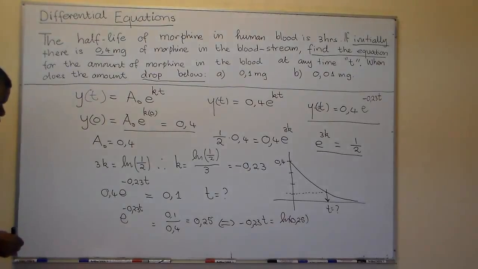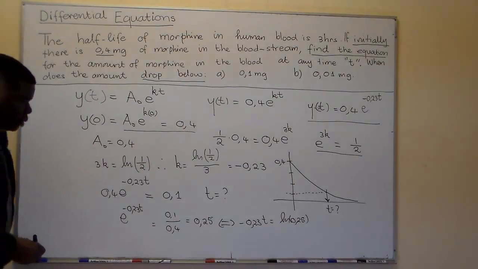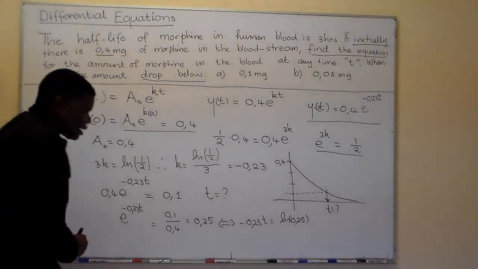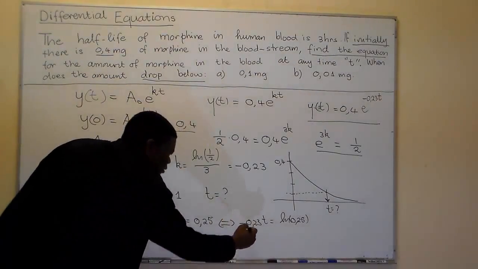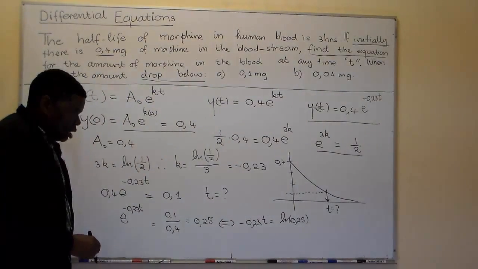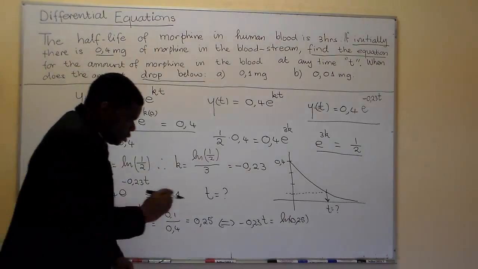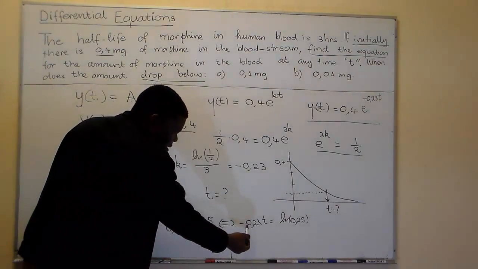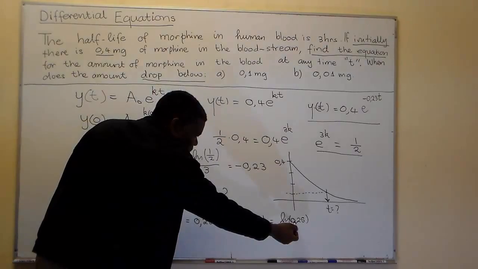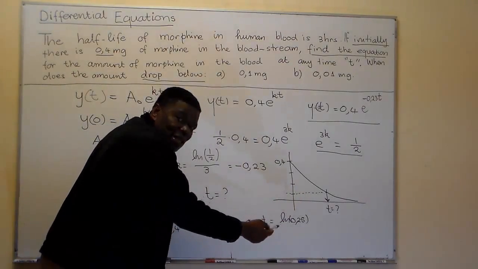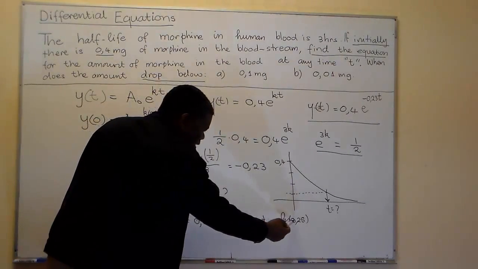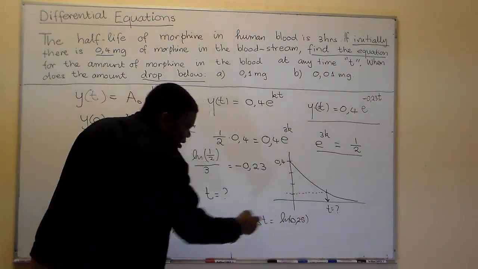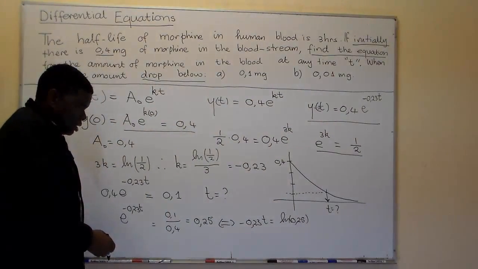Okay, so now we can make t the subject of the formula by dividing both sides by minus 0.23. Note that this is a negative number, and the argument of ln here is less than 1, so ln is going to be negative. So we should be expecting to get a positive t.